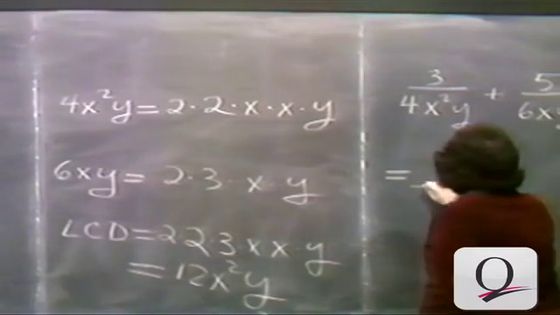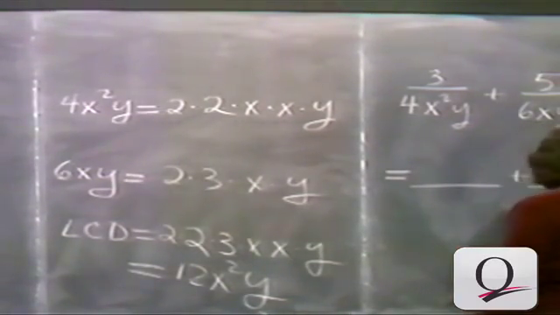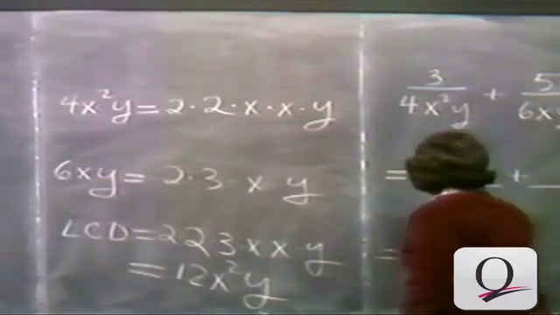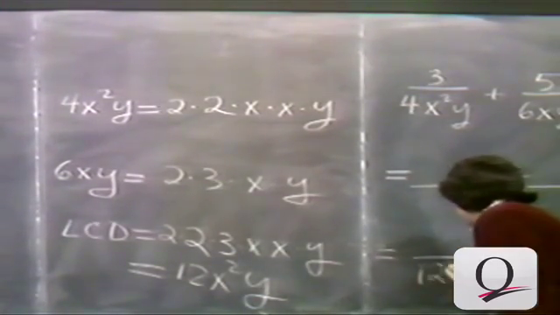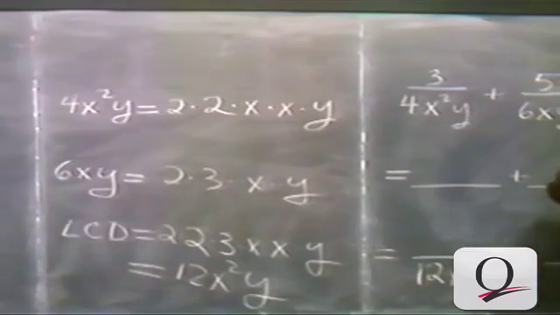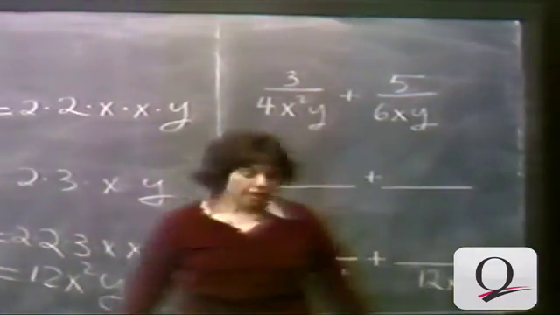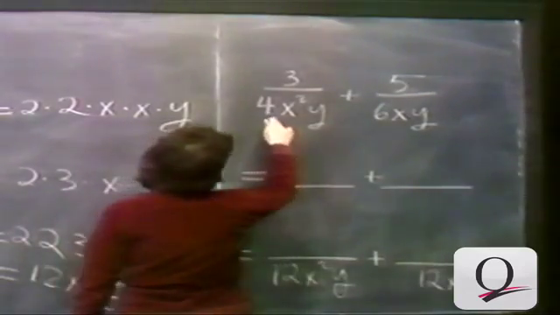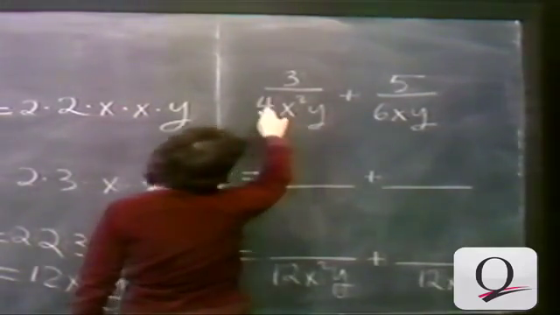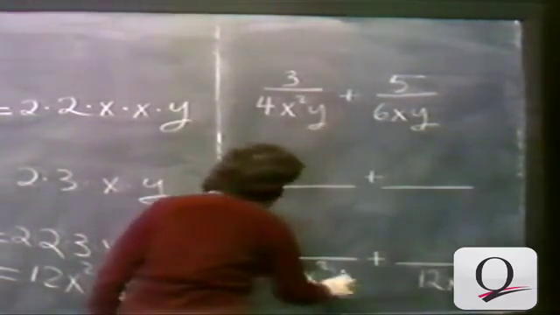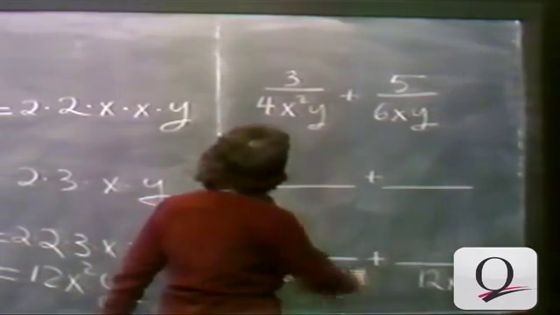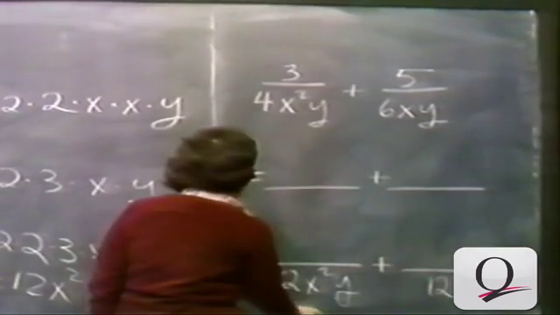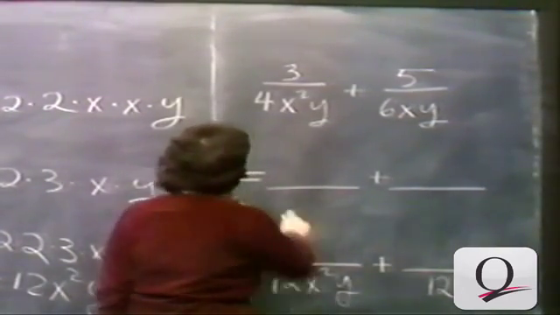We would like to write these as two fractions, each having denominator 12x squared y. We look at 4x squared y, and we ask, what would we have to multiply it by to get 12x squared y? We'd have to multiply by 3.